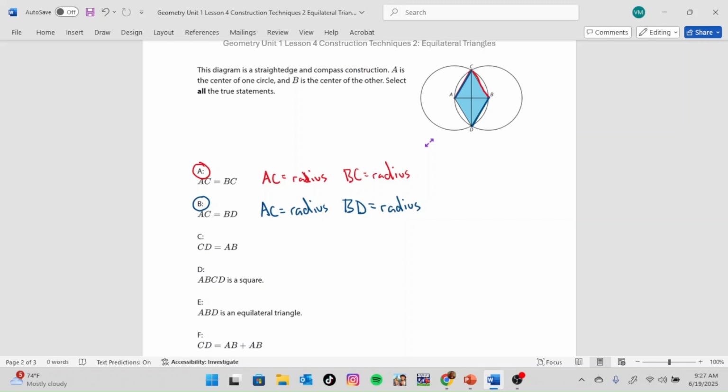Choice C. We have line segment CD, which goes directly down the center here, equals line segment AB.